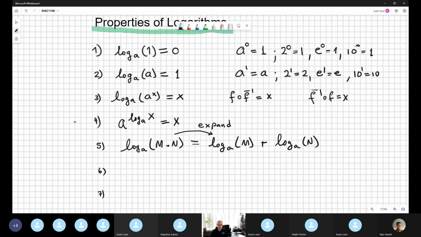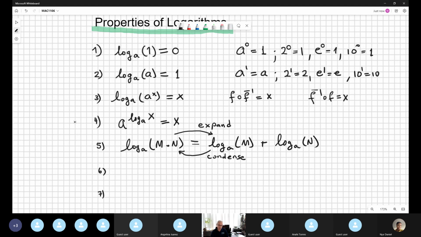But in my opinion, the best way is doing it in the opposite direction, condensing. If you have 1, 2, 3, 4, 5 logarithms added together, we can condense into only one. Wow, fantastic this. But the expression inside is a multiplication.